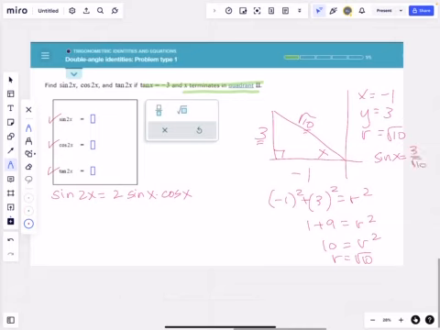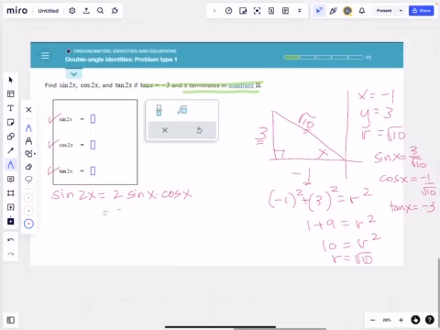I'm just going to leave it like that for now. Our cosine of x is going to be our adjacent over the hypotenuse, -1 over square root of 10. And just for later, our tan of x, of course, is going to be -3, which we were given in our problem.